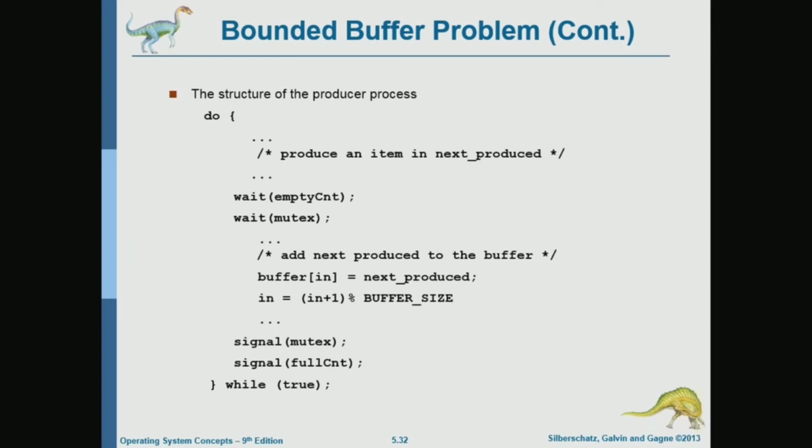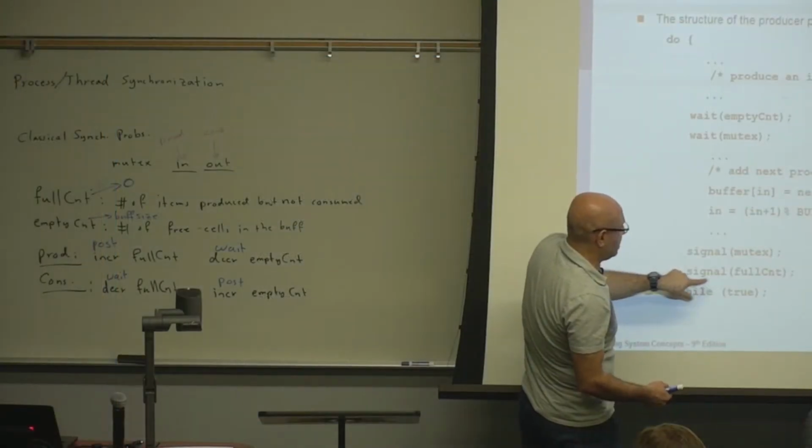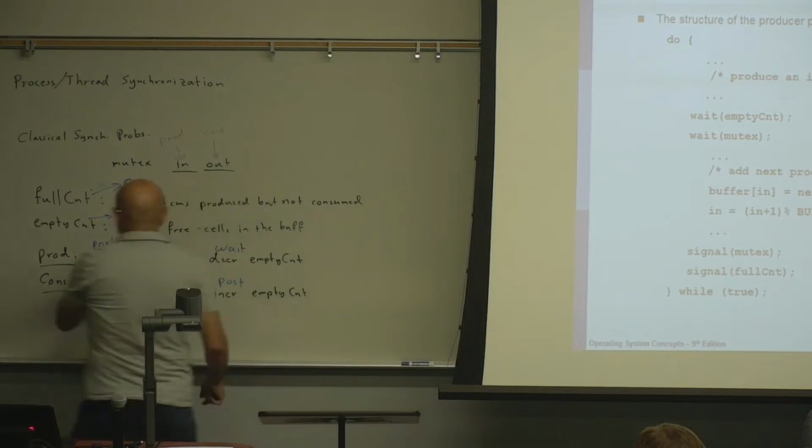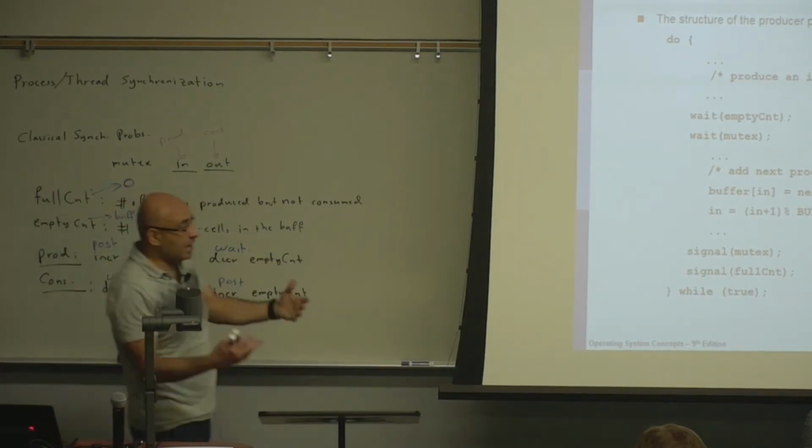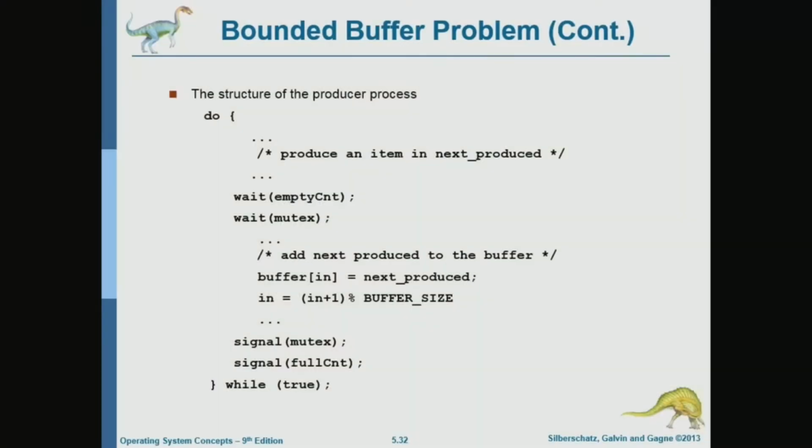And as we said in the beginning, in will be shared if there are multiple producers. Then it's going to signal the mutex. So this is the critical section: accessing in and out. Then when it's done, it's going to signal full count, because it's making one more item available.